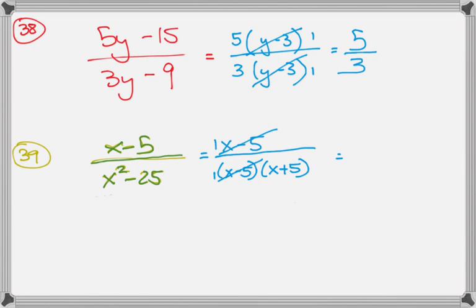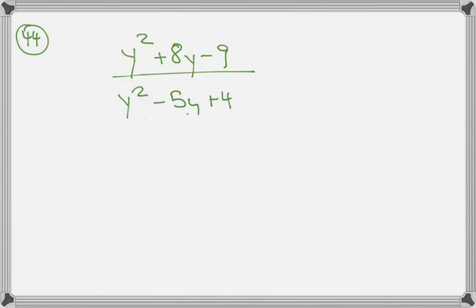Now you want to change your answer? 1 over x plus 5. Don't forget that. That is another common mistake in this chapter. Oh, they cancel each other out, it's just an x plus 5 left. And that's wrong.